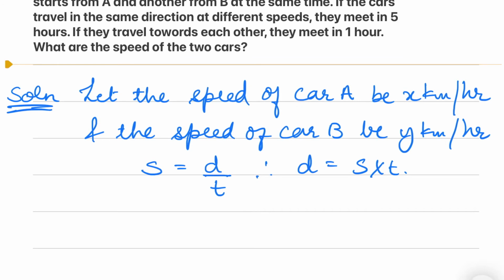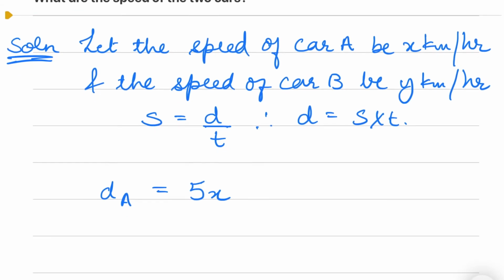So it is said that if they start at the same time and if they travel in the same direction, they meet in 5 hours. So that means distance traveled by car A will be equal to 5x in 5 hours and distance traveled by car B is equal to 5y in 5 hours.